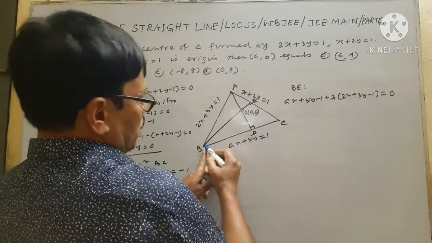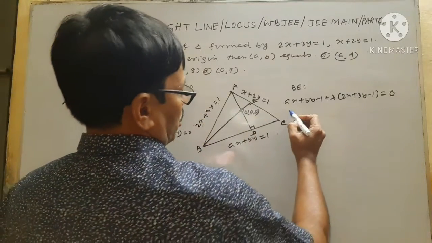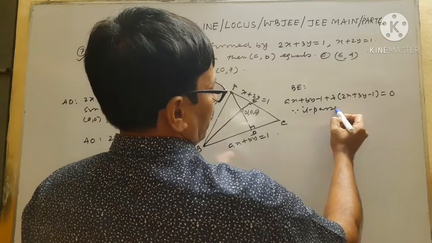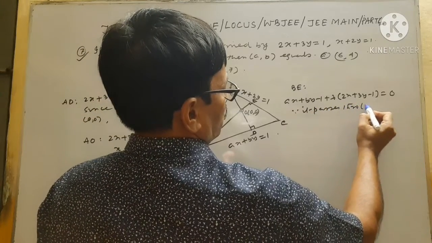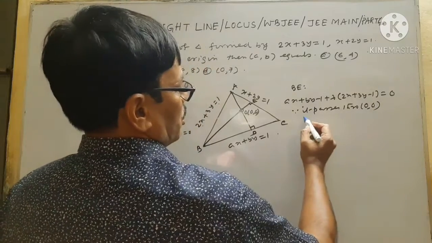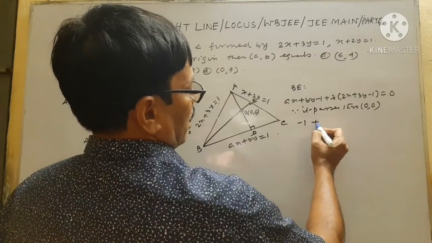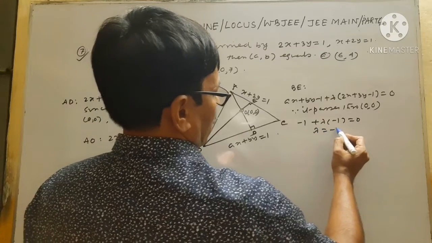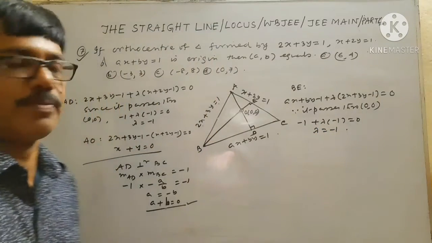It represents BE if it passes through (0, 0). Since it passes through (0, 0), -1 + lambda(-1) = 0, so lambda equals -1.